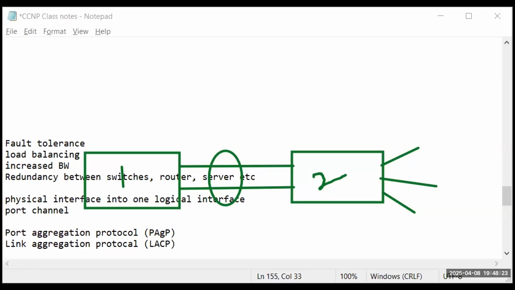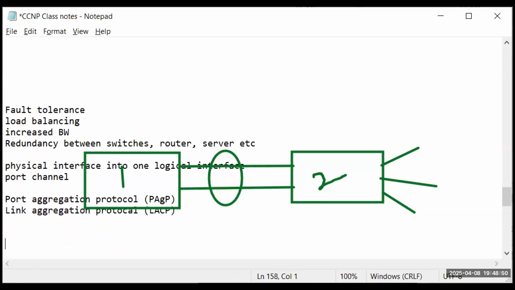So for LACP, first we need to configure the port channel and group the ports, and then we are going to verify how it works. The configuration commands are: first go into the interface.